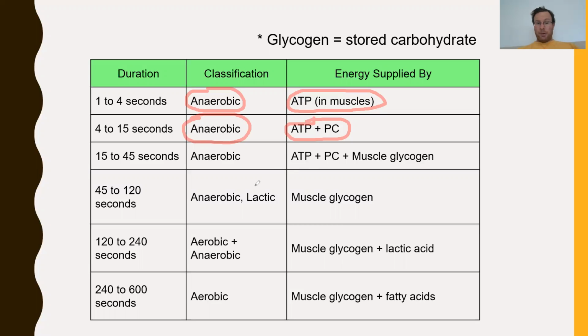If I keep going, and now I'm doing exercise that lasts 45 to 120 seconds, I'm going to be using mostly my anaerobic system, particularly the lactate system. The fuel is going to be glycogen. But also remember, I'm going to have a little contribution from the aerobic system as well.